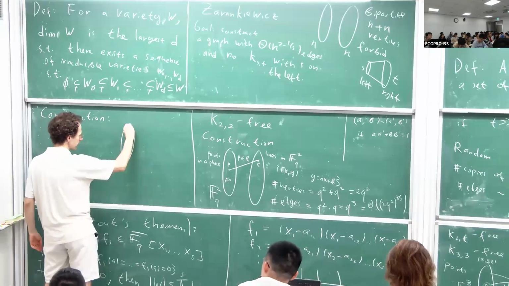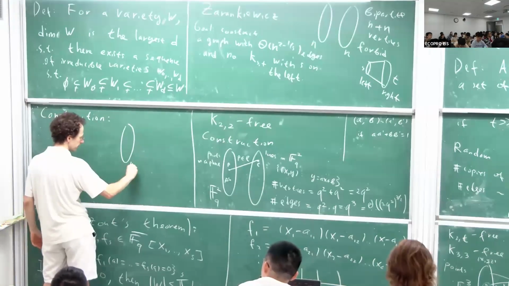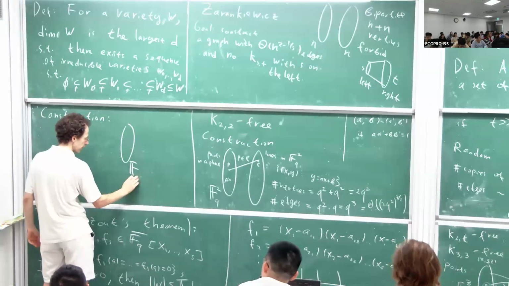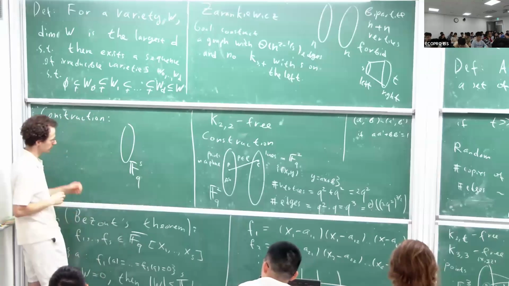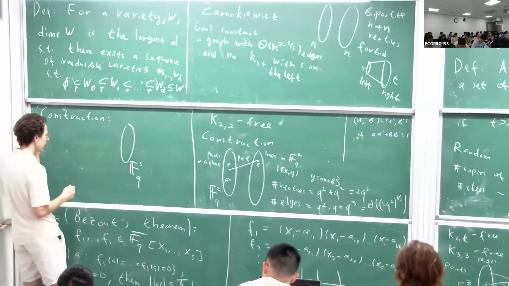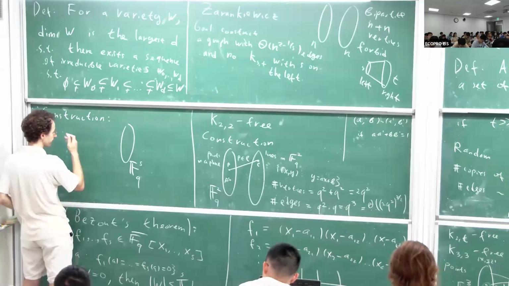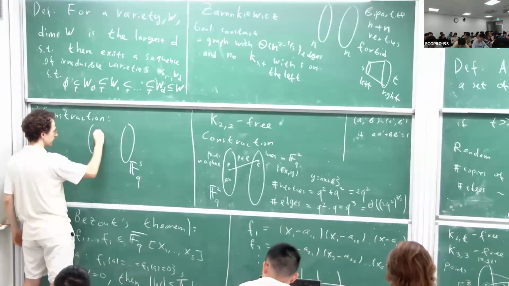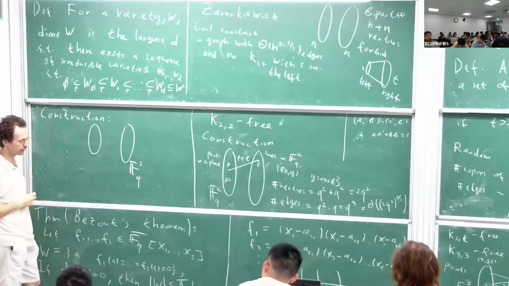On the right, we will have an s-dimensional space, so F_q cubed, and on the left we will have a bunch of polynomials.